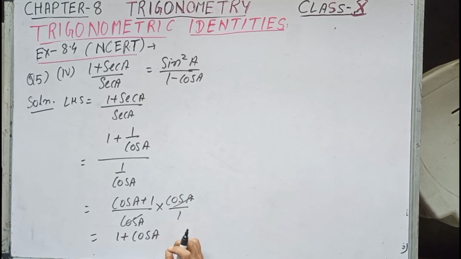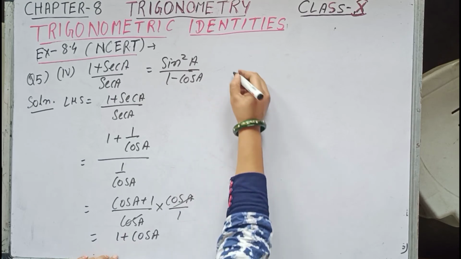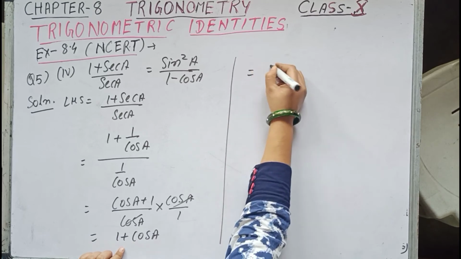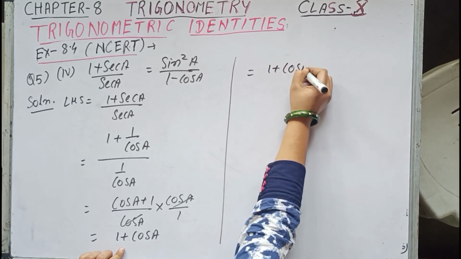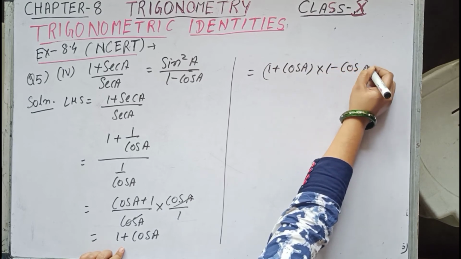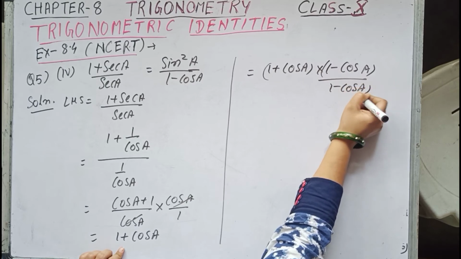Now I always target the RHS. So the RHS denominator is 1 minus cos a. So I am multiplying this numerator and denominator over here by 1 minus cos a. So this will be equal to (1 plus cos a) into (1 minus cos a) by (1 minus cos a). Why did I do this?